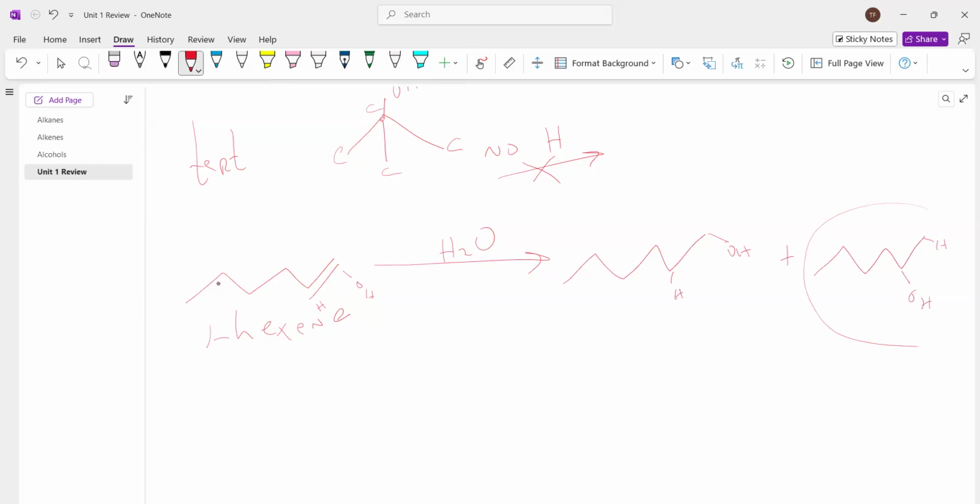And then this one's going to be more stable, because it's got one more terminal hydrogen. They're both not symmetrical, but the one on the left is very lopsided. So by Markovnikov and symmetry, the one on the right is favored.